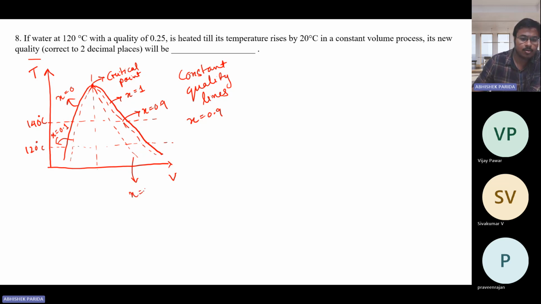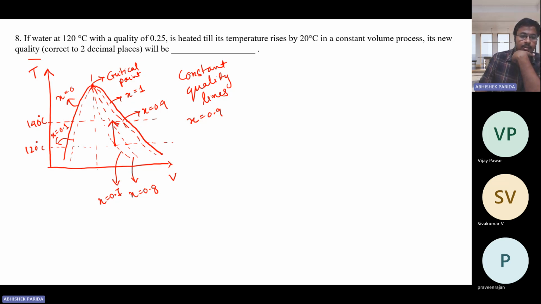Now let us say we are somewhere here, and if we draw this constant quality line, let us say this is x equal to 0.7, and when we heat at constant volume, that means it will be a straight line parallel to the T axis.